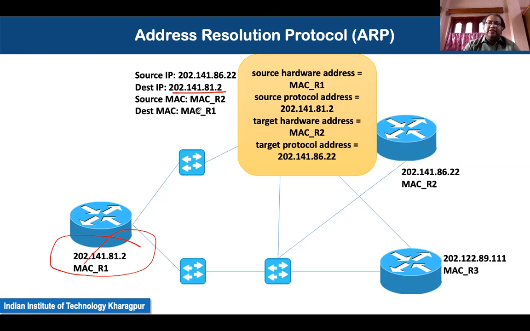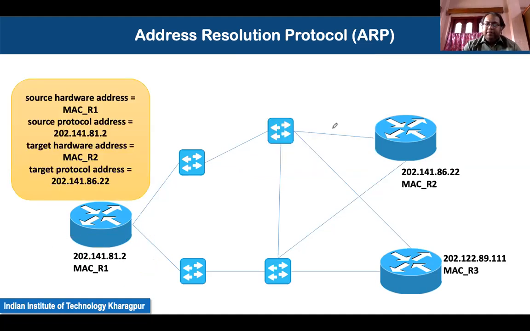Similarly, the source MAC is MAC R2, and the destination MAC is MAC R1. You send that packet, and R1 will get that, and once R1 gets that, from this particular ARP reply, R1 can find out that the MAC address corresponding to the IP address 202.141.86.22 is MAC R2. So R1 will get that information after receiving this ARP reply.